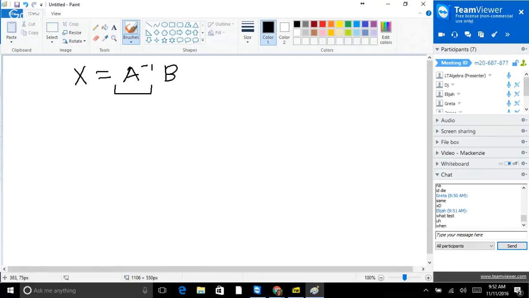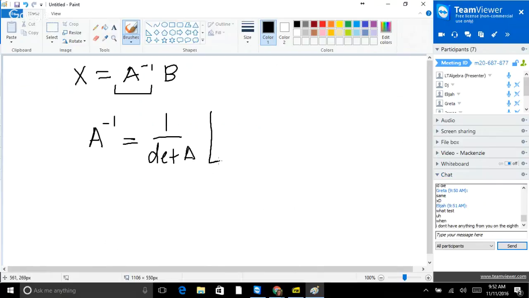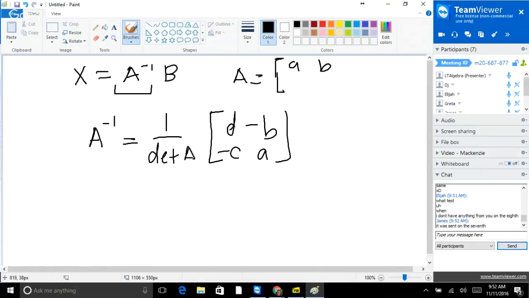The definition of the inverse of a matrix is 1 over the determinant of A times the matrix D, negative B, negative C, A. And the original matrix A is going to be A, B, C, D.